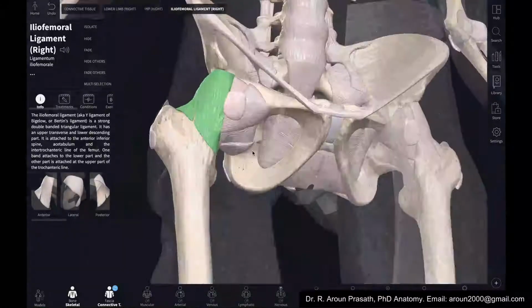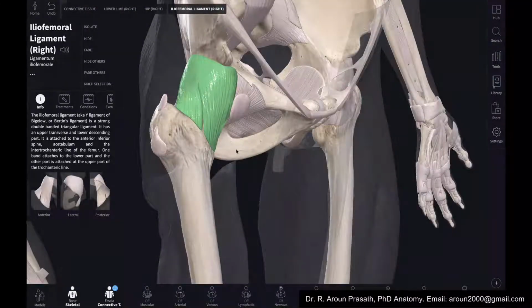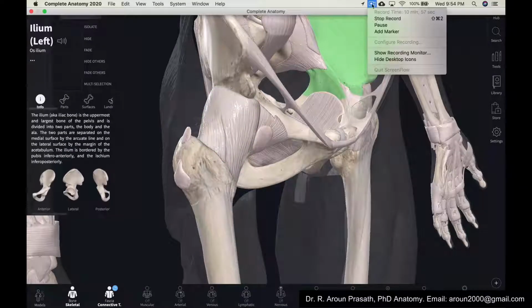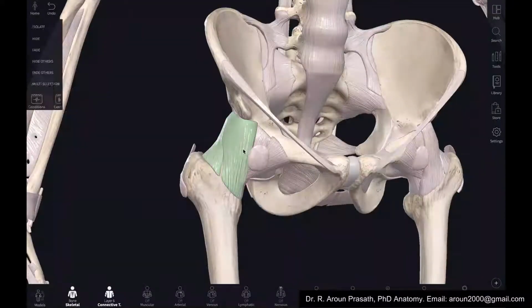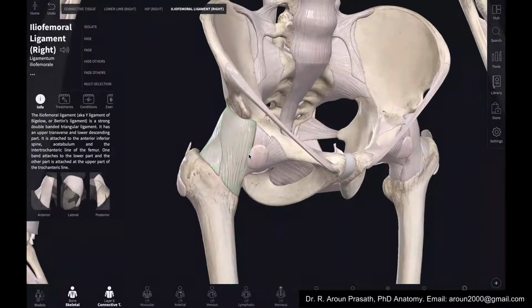This is called the iliofemoral ligament, which is in the shape of Y, and it's also called Bertin's ligament. It is said to be one of the strongest ligaments in the body.